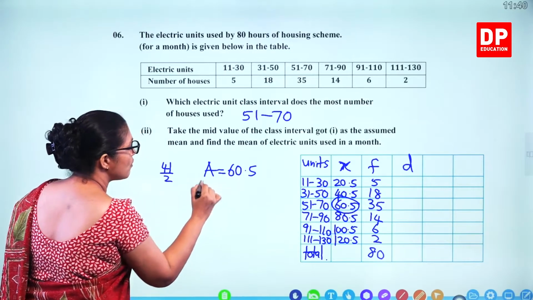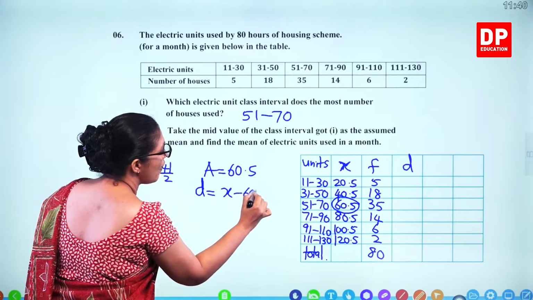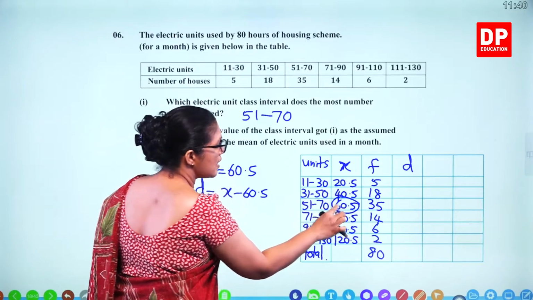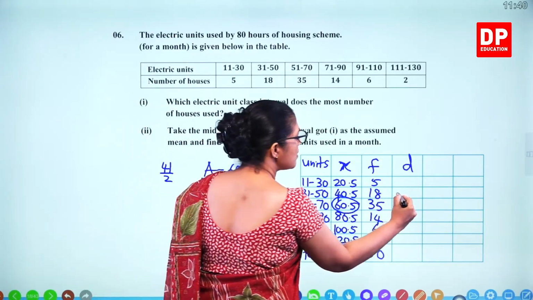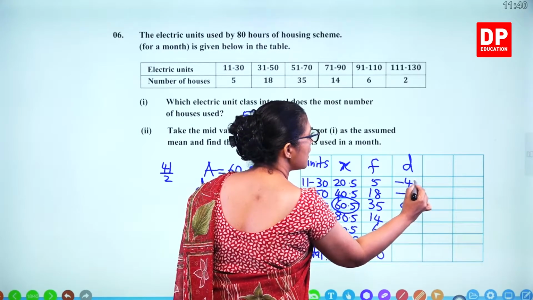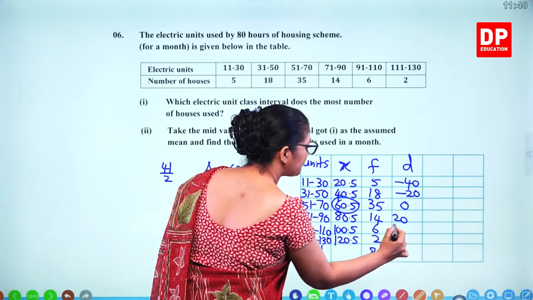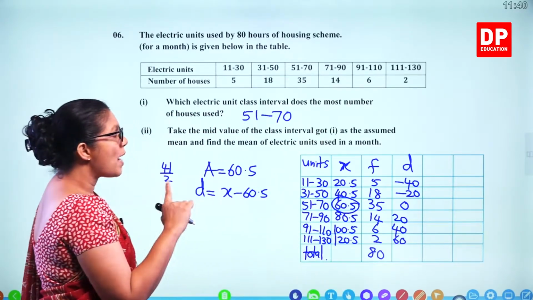So we have to calculate the deviation, that's x minus 60.5. We have to subtract 60.5. So you get the difference here. Deviation is 0. Difference is 20, so minus 20, minus 40 like that. Downwards you get positive: 20, 40, 60. Now multiply by f.